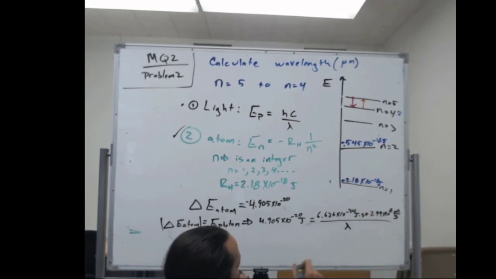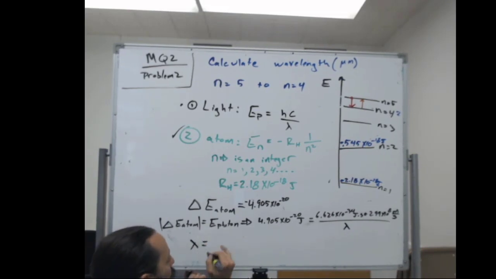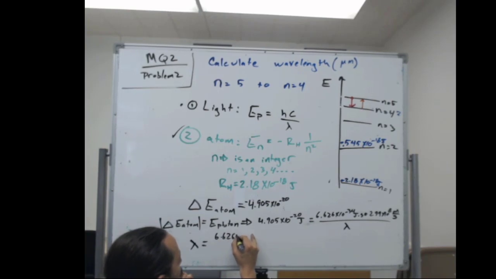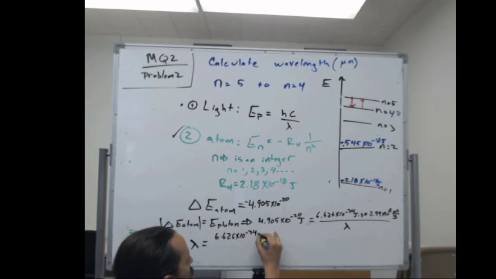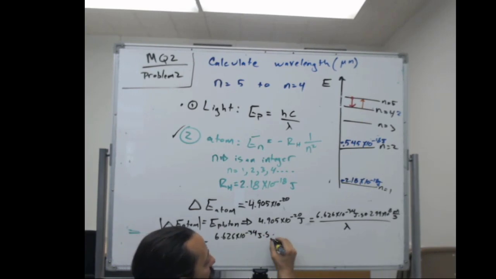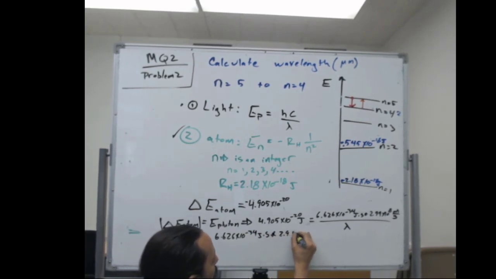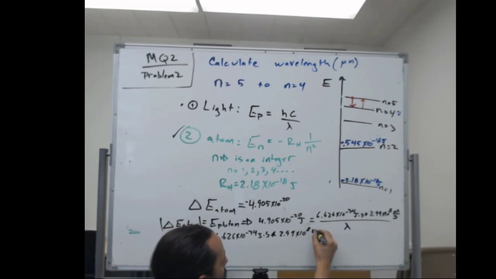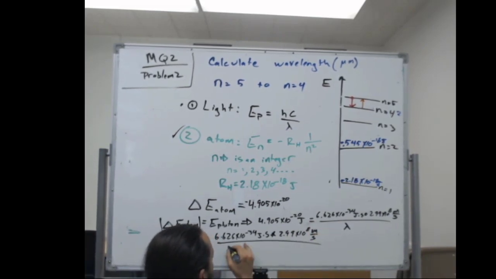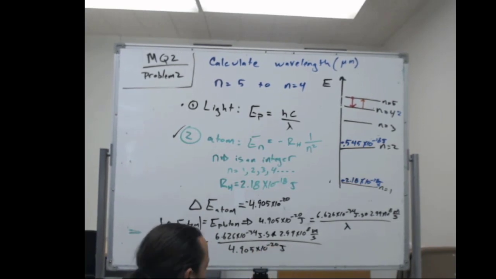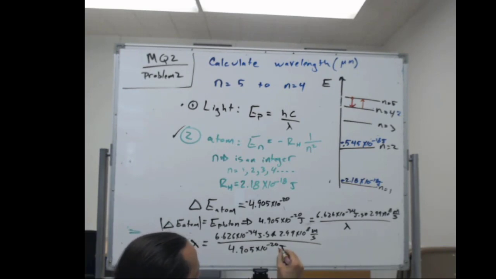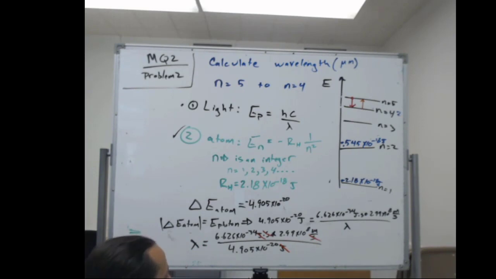Notice when we do our rearrangement, we'll get lambda equals 6.626 times 10 to the minus 34 joule seconds times 2.99 times 10 to the 8th meters per second divided by 4.905 times 10 to the minus 20 joules. Joules will cancel, seconds will cancel, we'll get something in meters. Right? And it makes sense that we'd get a wavelength in meters.